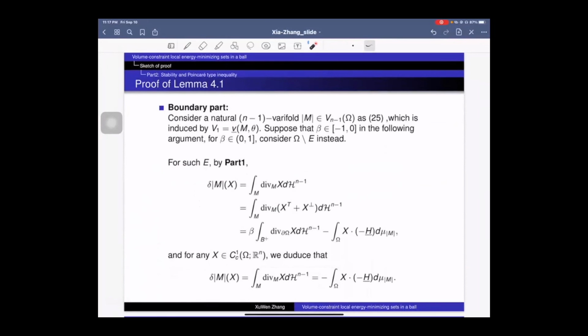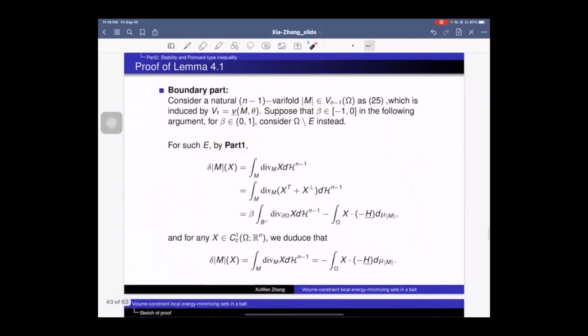And now we relate M to an n-1 varifold near the boundary. And we can prove that M is a varifold with a fixed contact angle by part 1, since in part 1 we proved these two formulas hold. And then we can check the definition of the varifold with fixed contact angle.